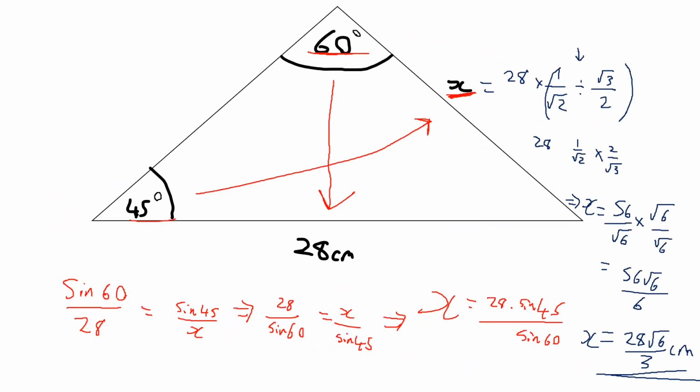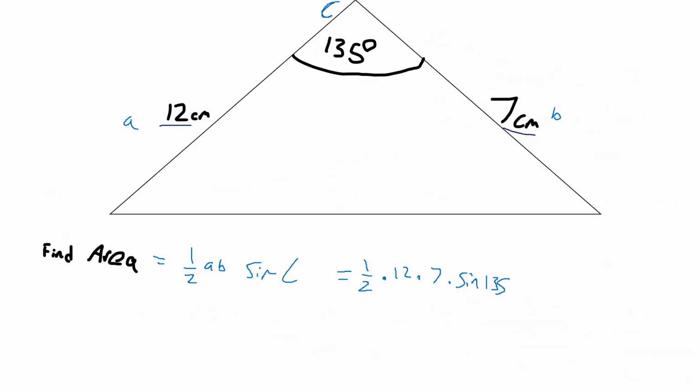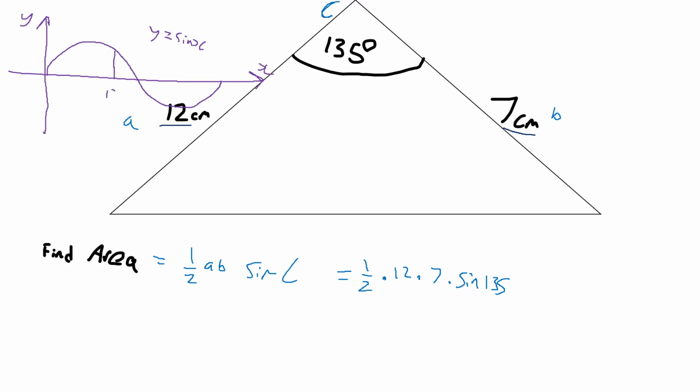Remember when we did the graphs? We're gonna have to use the graph in this case. So this is our sine graph, if you remember correctly. Y equals sine x. And if this is 135, what is this value here going to be at the same value?